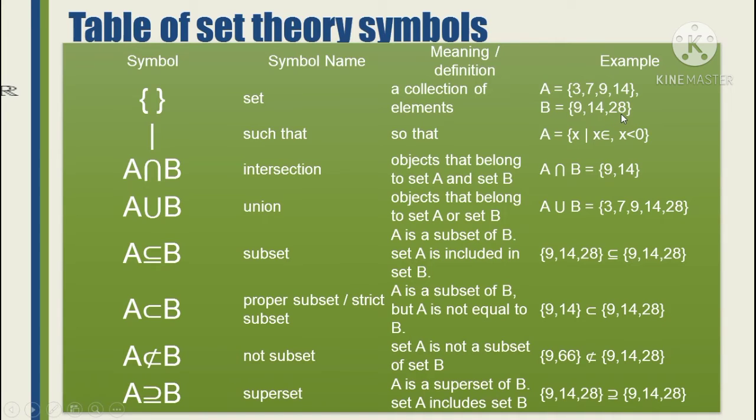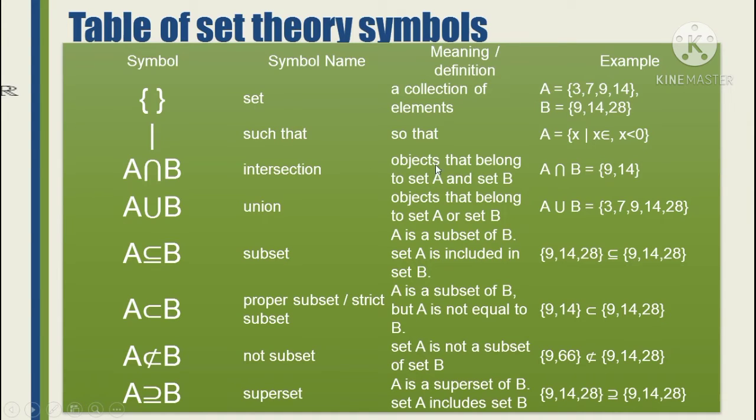This one, the meaning is such that. We could say that this symbol is for such that, so that. Pwede mo siyang basahin na so that. So, let us read this example: A is equal to X such that X is an element, or X is greater than 0.